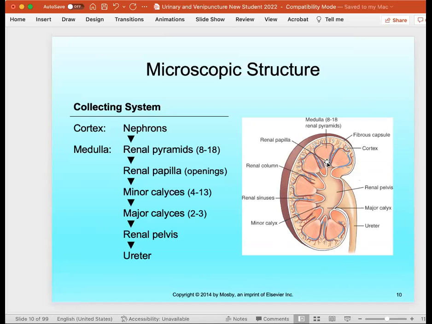We have the renal papilla, which is that corner there. In between each renal pyramid, or medulla, we have the renal columns. And then we have the minor calyx. So major calyx, then minor calyx, then into the renal pyramids.